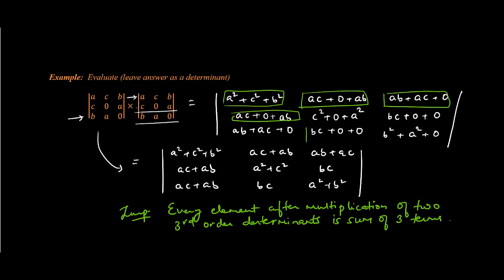So every element is containing three terms. It might happen that after simplification, out of three terms, maybe only one term is visible, but originally before simplification and after multiplication, every term will be sum of three terms. You have to learn this because we'll be using this in the next discussion.